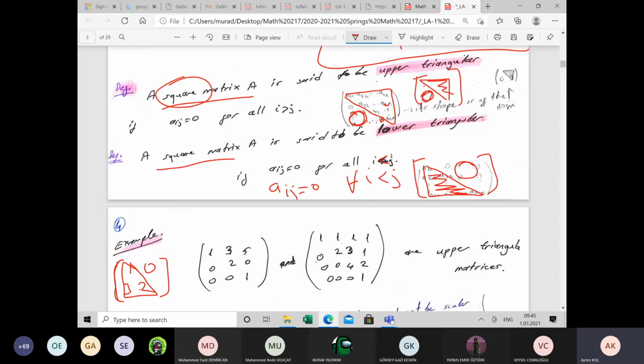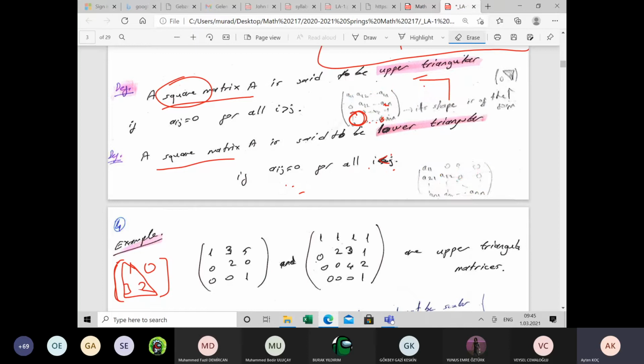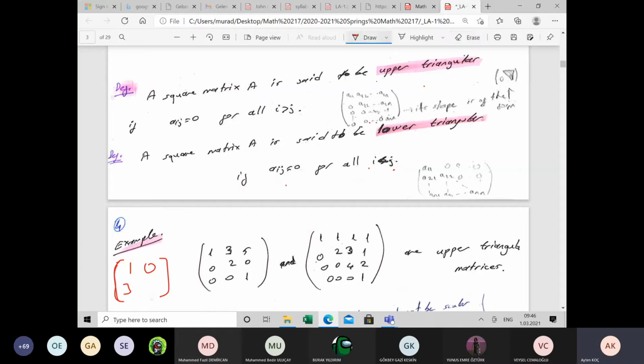It is one more question. Is it possible to get a matrix that is both upper triangular and lower triangular? Let's give an example. It is possible, a matrix that is both upper and lower triangular. Is it possible or not? Yes, it is possible.